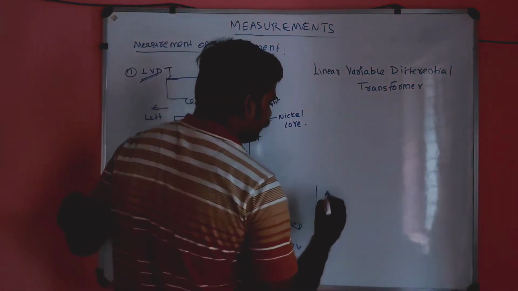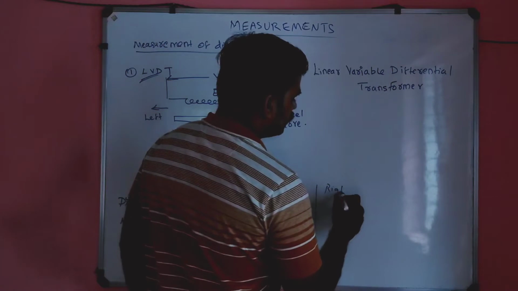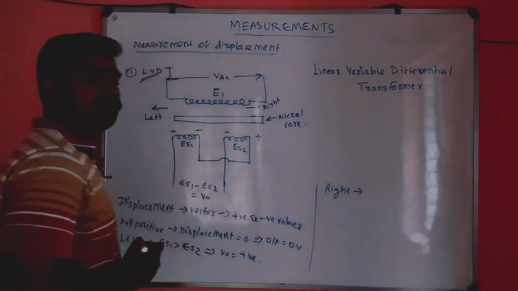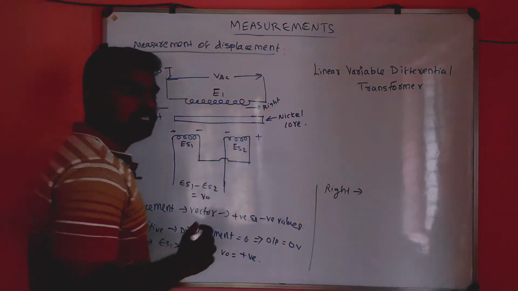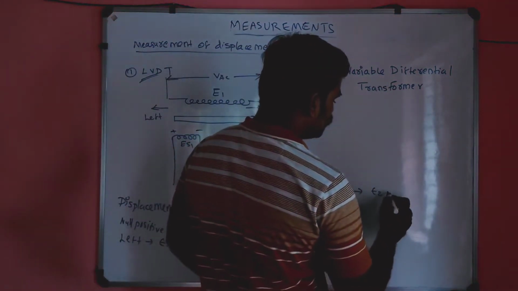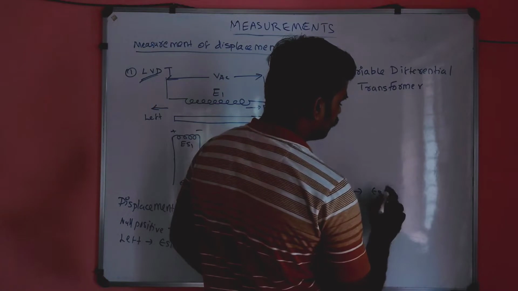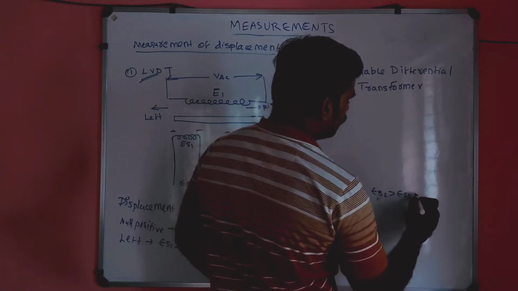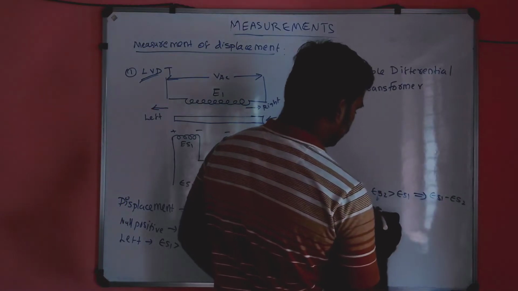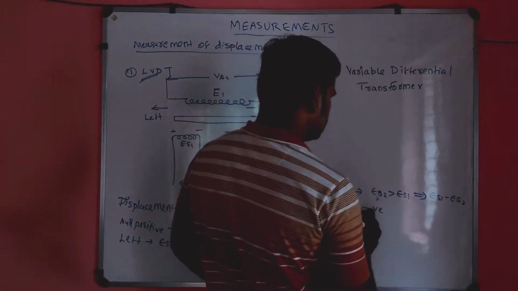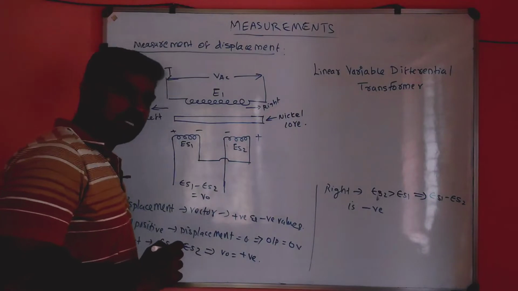And if I displace it towards the right, what happens? The flux linkage in the second coil will increase. So ES2 is greater than ES1, my dear, so ES1 minus ES2 is negative.